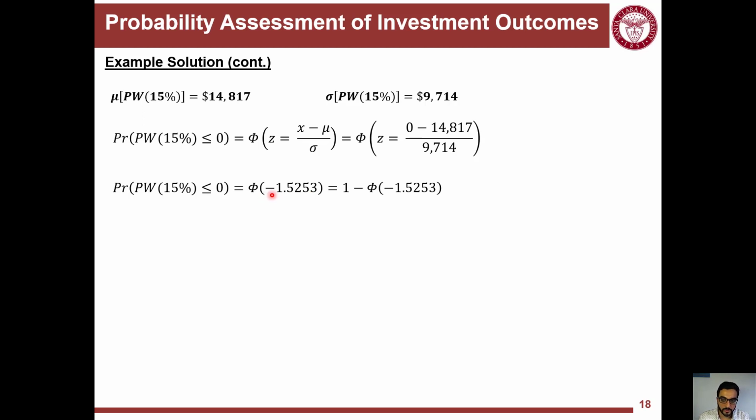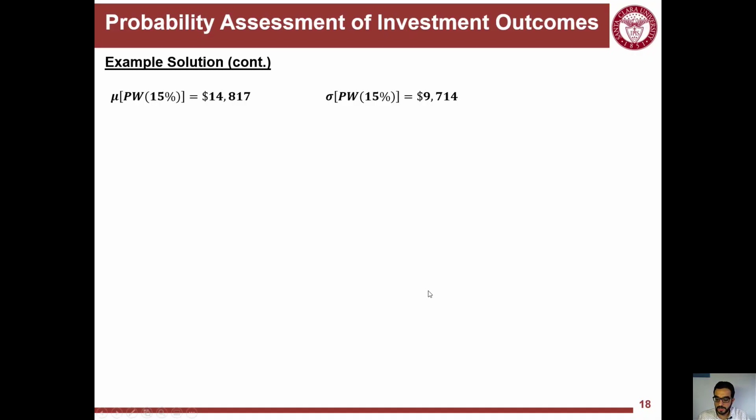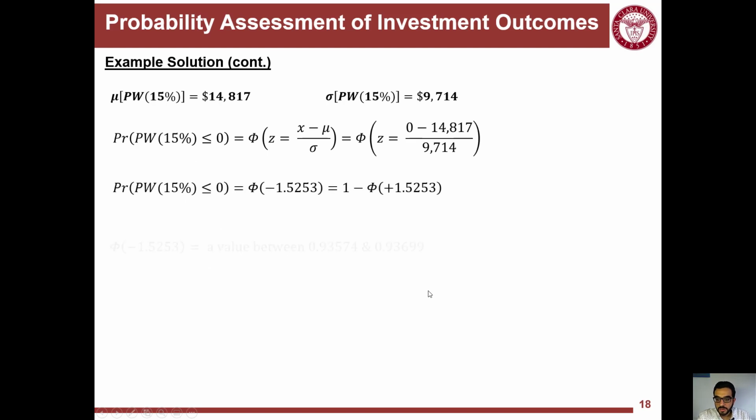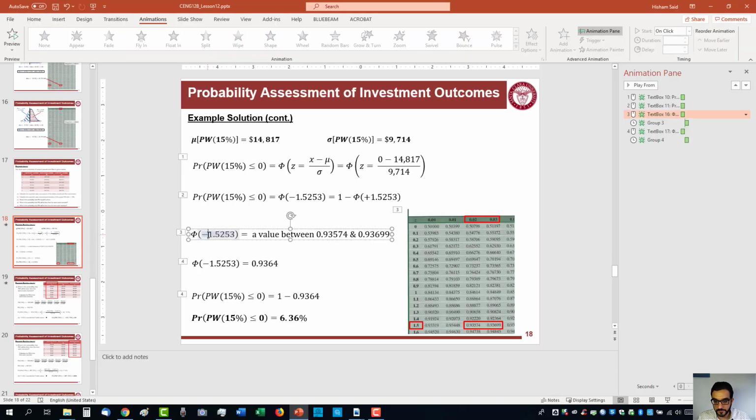And like we said before, phi, or the cumulative probability, of a negative Z value is equal to 1 minus the cumulative probability of that value, but now positive. So actually that one should be positive, so I will fix that. Here you go. Again, that's something I will fix here.